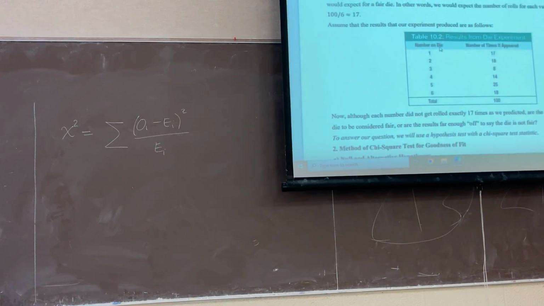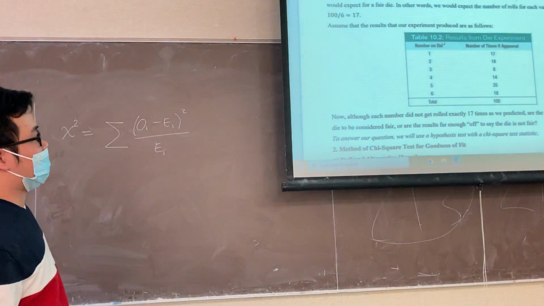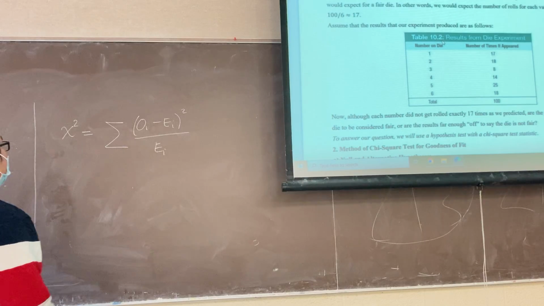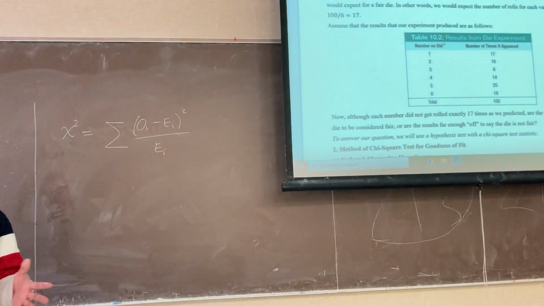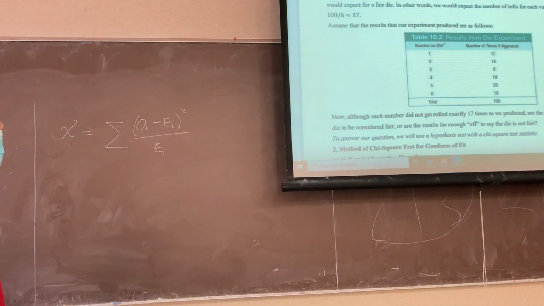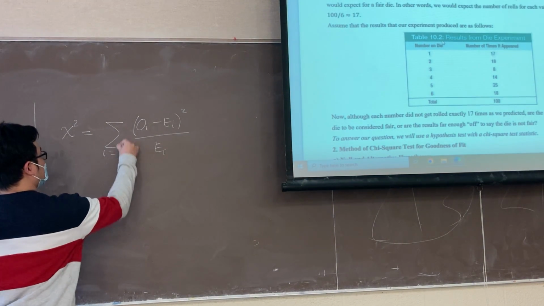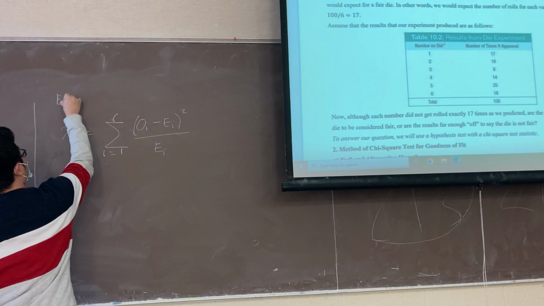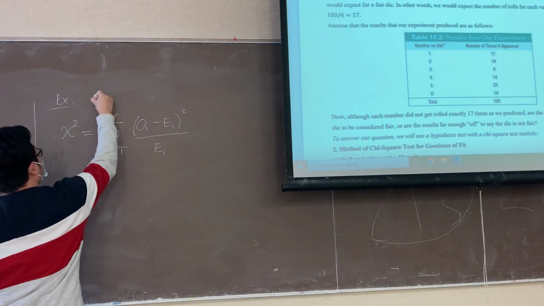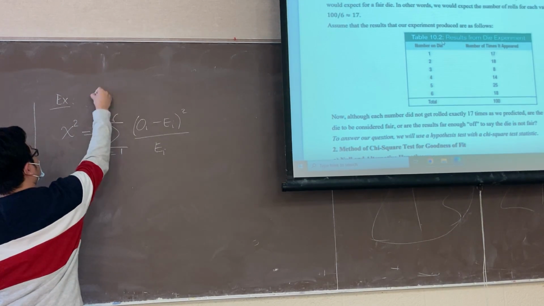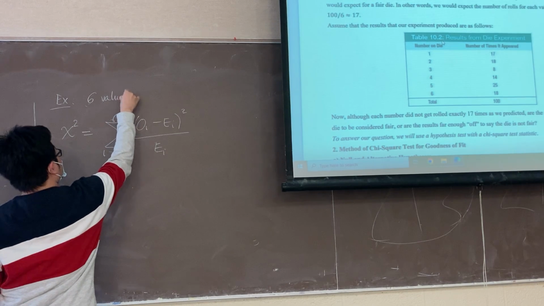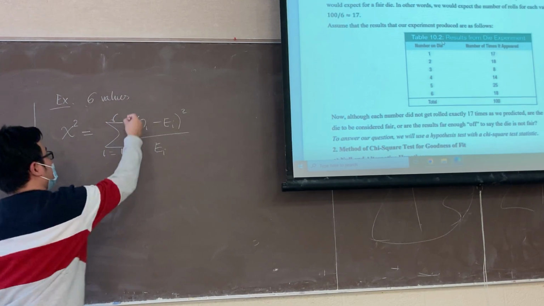And you can look at table 10.2 here. In this case, we have 6 values. That means the sum here will be from i equals 1 to 6. We consider the example at the beginning: the 6 values of the die.